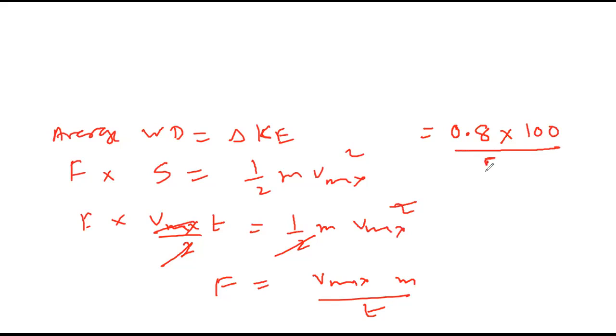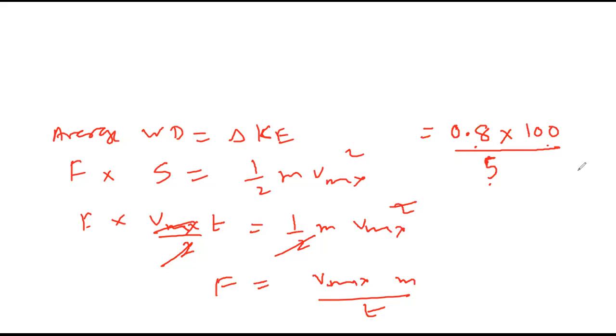Hello, what is t? 5, na? Okay, 10. Yes, sir, 5. So V maximum is 0.8, mass is 100 upon 5. About 10 gram. There is some mistake here. Minus 0.8 we got, na.